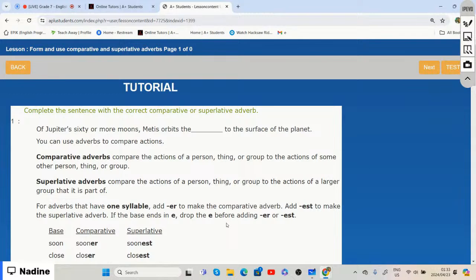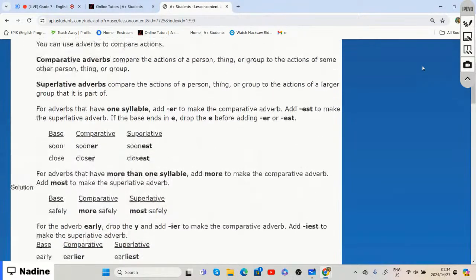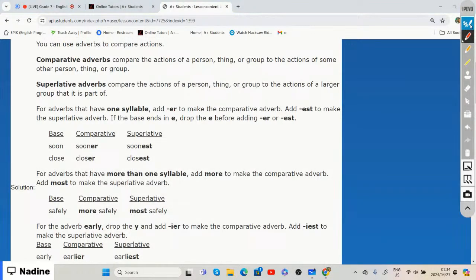All right. And when it comes to our adverbs, right? We said for adverbs with one syllable, say for example, we ask you, when are you going to the beach, right? And you say soon, or when are you going to do your homework? And it's soon, right? The response is soon.